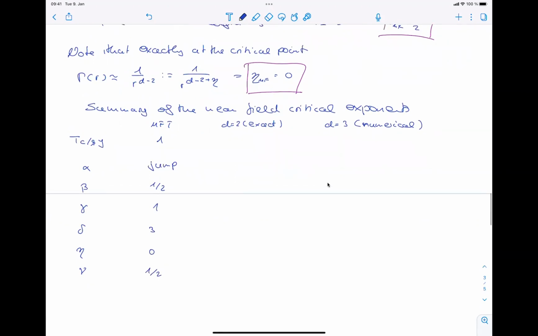And in d equal 2, we have 0.57. Sorry, t over tc, so it's absolute values. 5, 1.75, 15, 0.25, 1. Doesn't look that great. Okay, but we knew that mean field approximation is better the higher the dimension, right?